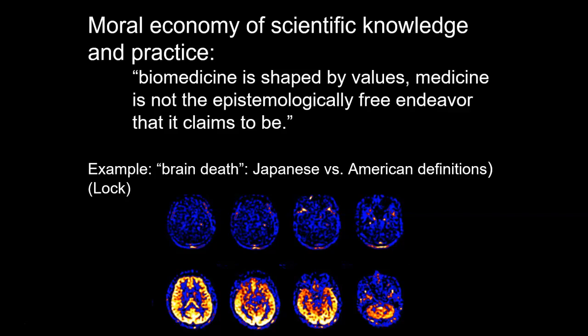In that work she compares Japanese and American medical definitions of what brain death is, and also how lay people think about or respond to brain death, quote unquote, in a loved one or a family member. And she finds two really different models, right? So again, something that we might assume would be an acultural, neutral scientific concept actually is one that's supremely cultural in nature.